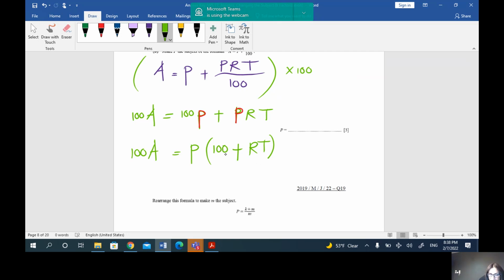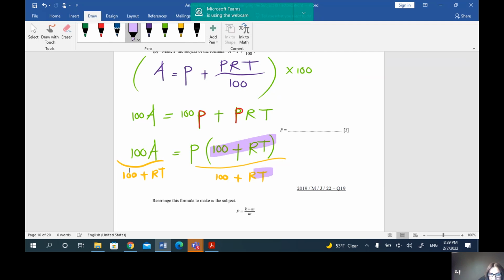Now we need to get rid of 100 plus RT because it is multiplied by P. So we're going to divide all this by 100 plus RT, and divide all this by 100 plus RT.